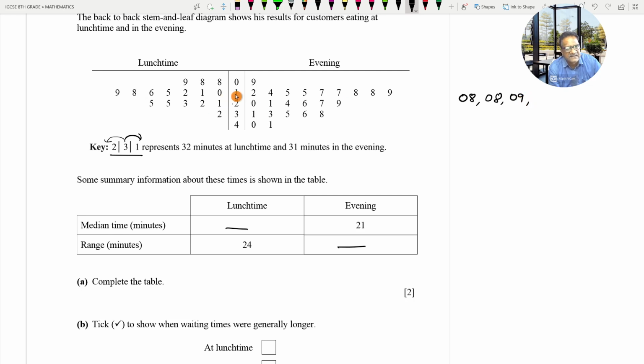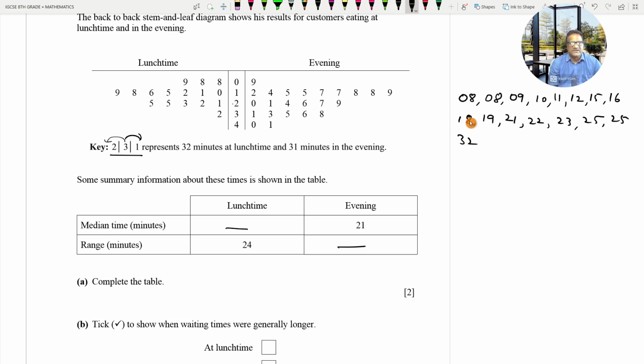Then 10 minutes, 11 minutes, 12 minutes, 15 minutes, 16 minutes, 18 minutes, 19 minutes. Next is 21, 22, 23, 25, 25, and then the last one, 32 minutes.